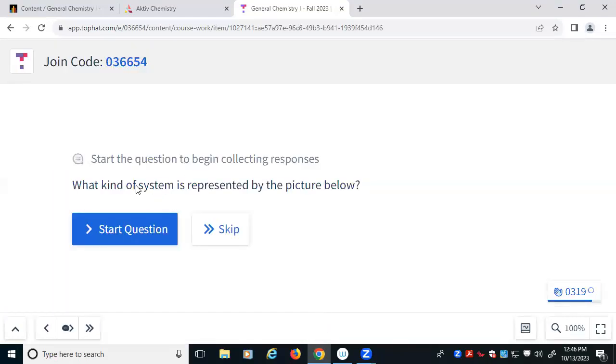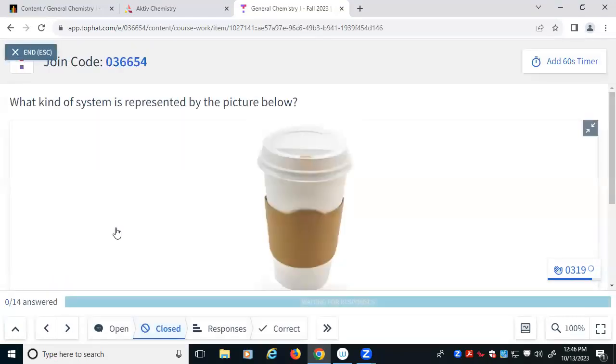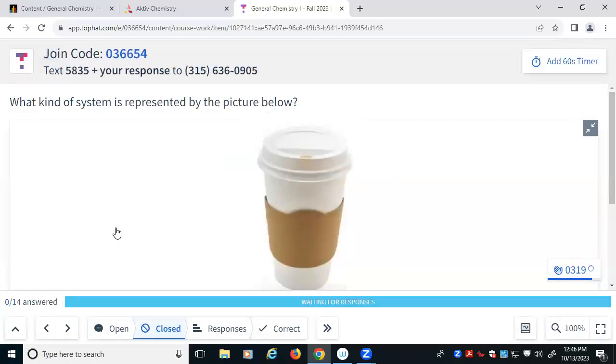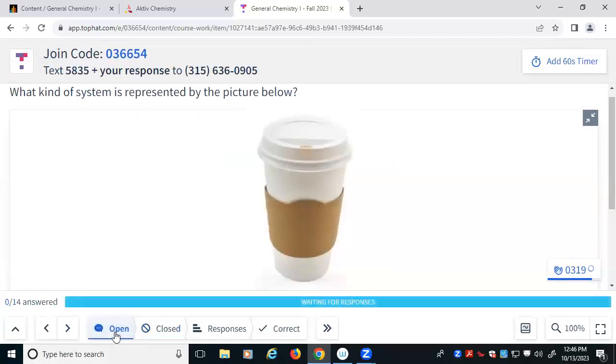Let's look at another example. Here I've got a coffee cup. Open, closed, or isolated?